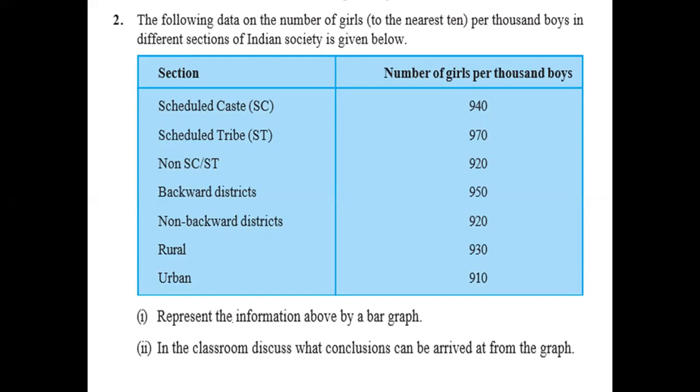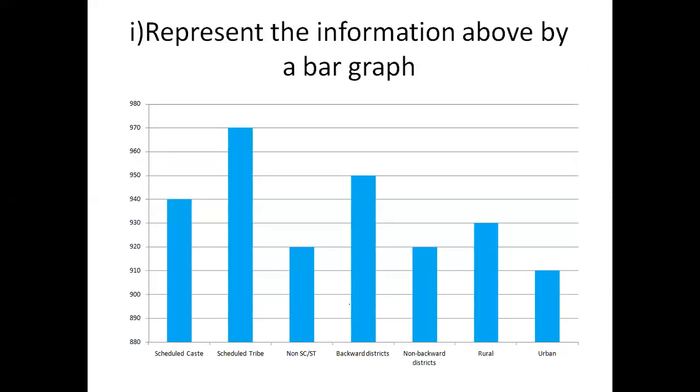Now, the first question is: represent the given information by a bar graph. So we will again use this information. I know the section will come on the x-axis and the number of girls per thousand boys will be on the y-axis. We need to keep in mind these numbers while drawing the graph, starting from 910 and ending at 970.